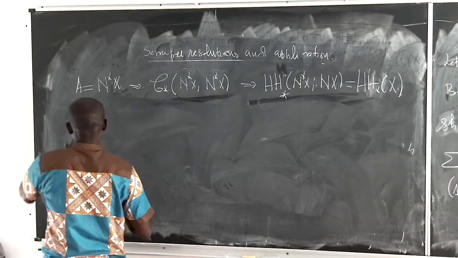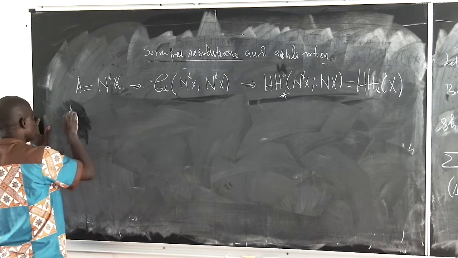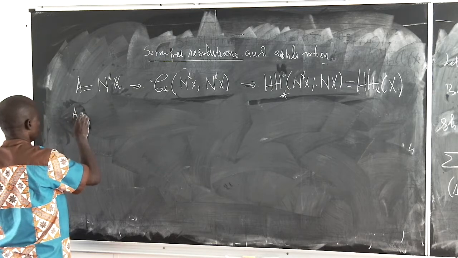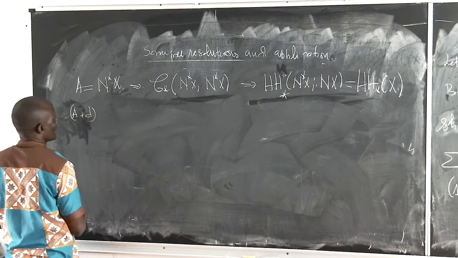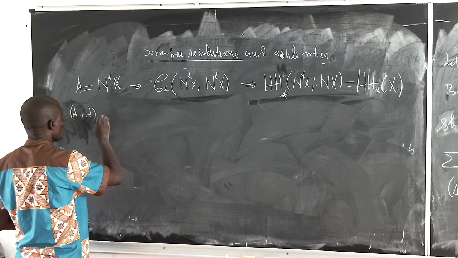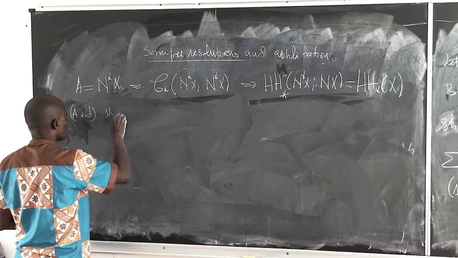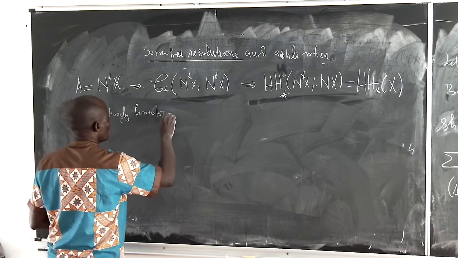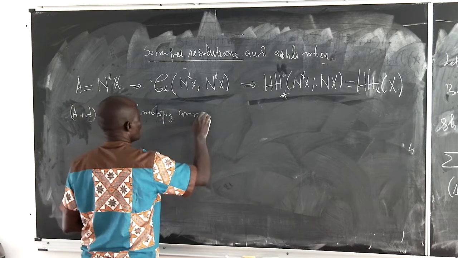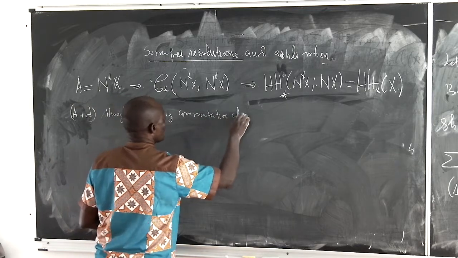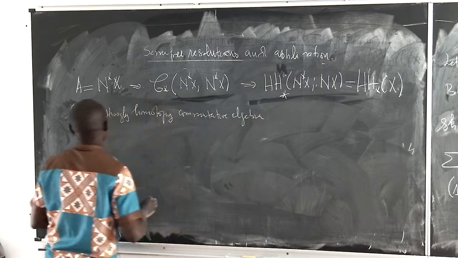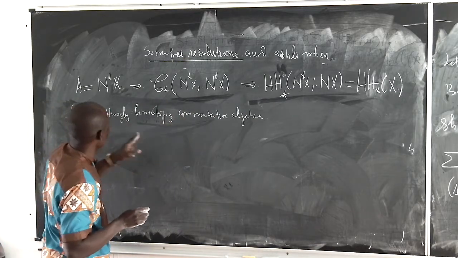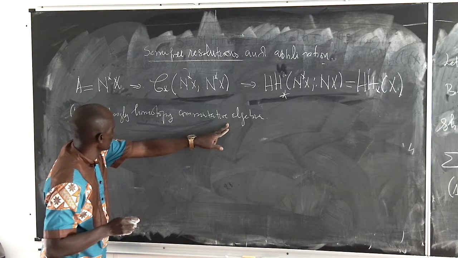Okay, we have here A, a strongly homotopy commutative algebra, with the structure of homotopy commutative algebra given by mu.